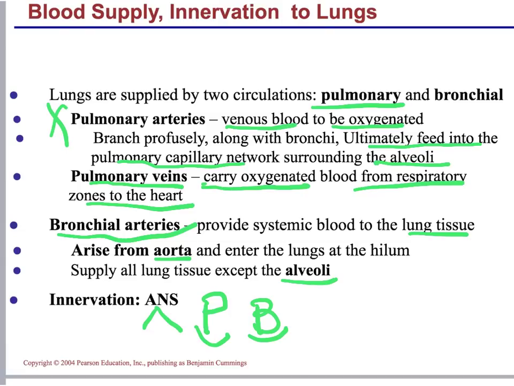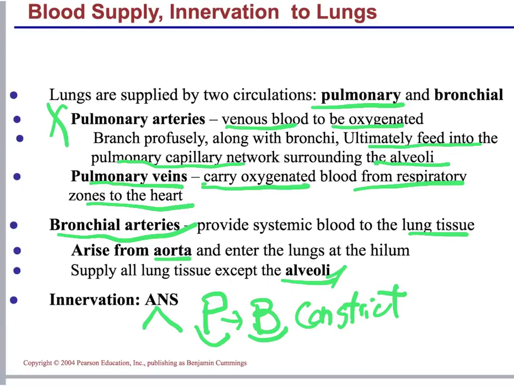It happens if the parasympathetic nervous system becomes excited and sends stimulatory signals to the muscles of the bronchioles. Remember, bronchioles were only muscle. There's no cartilage in there, so they're only made of muscle tissue. So when the parasympathetic nervous system fires up, bronchioles constrict. The constriction of the bronchioles will block the airways to the alveoli.